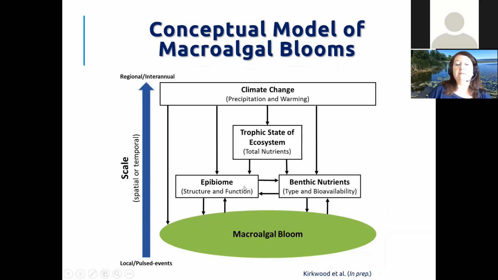And then finally, down at the scale of the mat and cell, there's likely going to be a role of the epibiome in facilitating nutrient availability, as well as benthic nutrients being an important source to subsidize growth when water column nutrients and loadings are low.